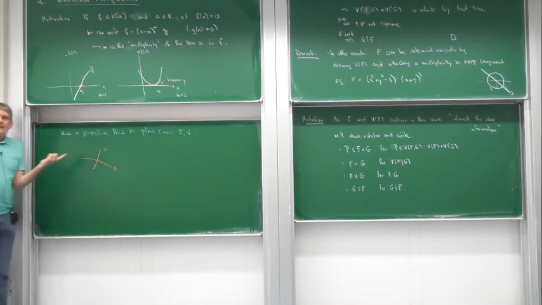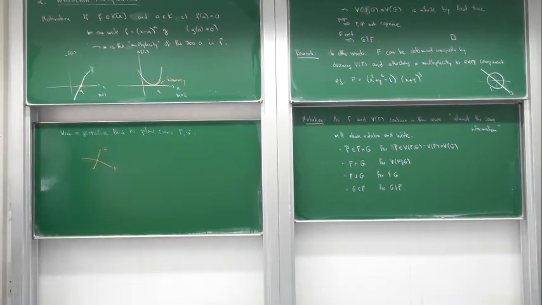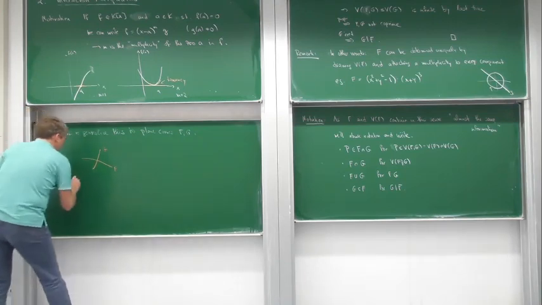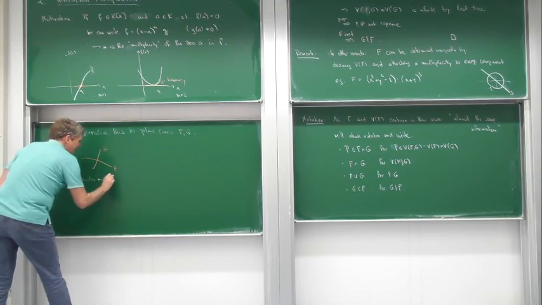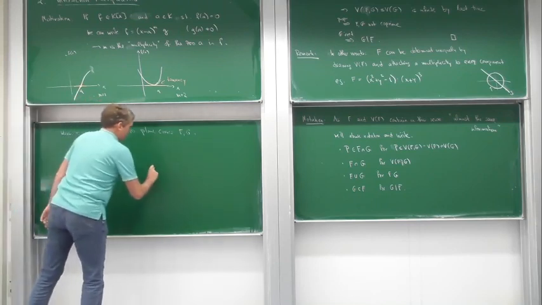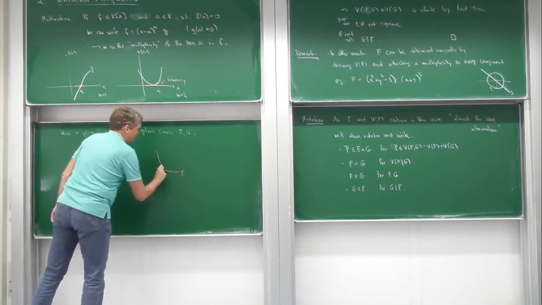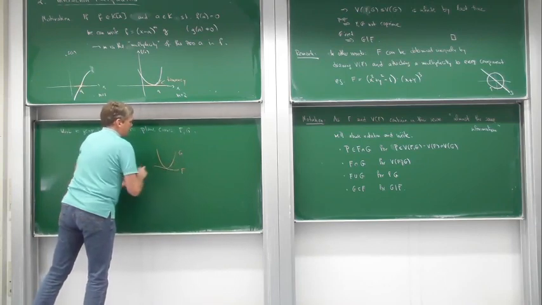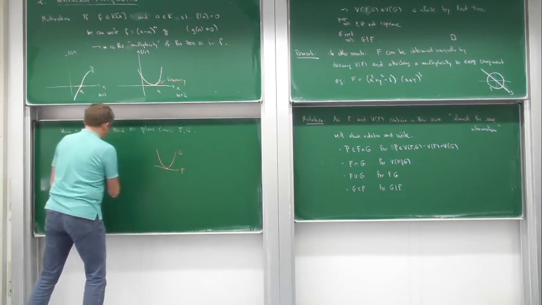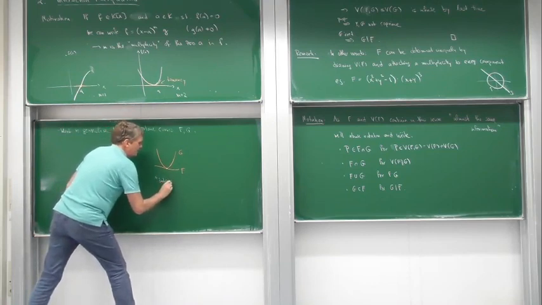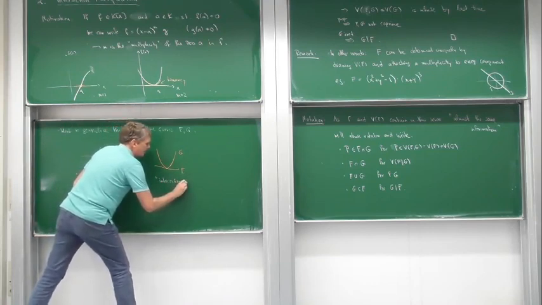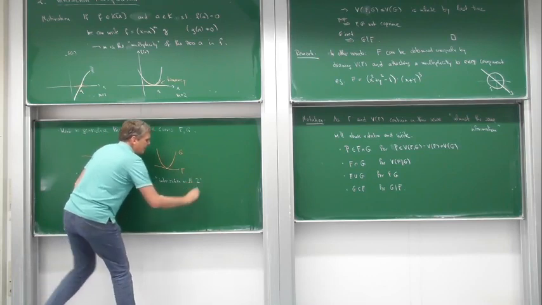And if it looks like that, we would want to call it that they intersect with multiplicity 1. We would say the intersection multiplicity is 1. Whereas if it looks like that, so if this was f and this is g, then in this point here, we would say that the intersection multiplicity is 2. And similarly for higher numbers, of course.